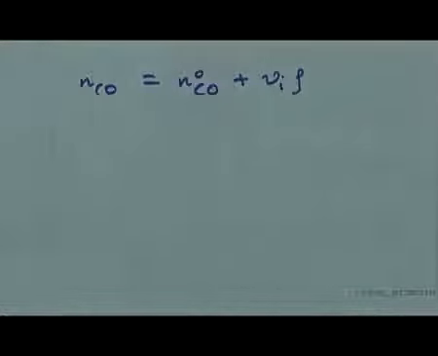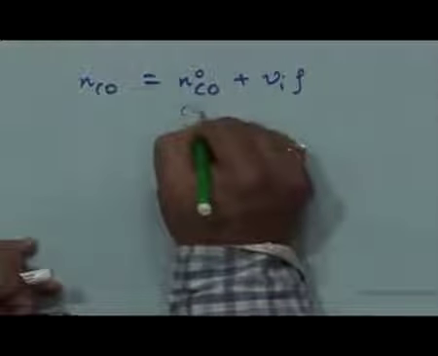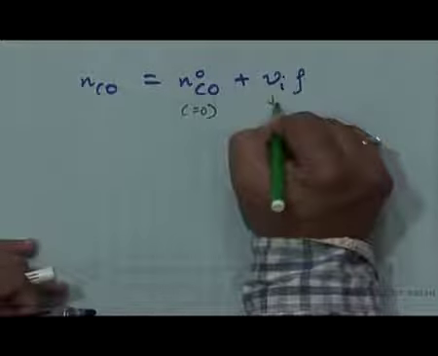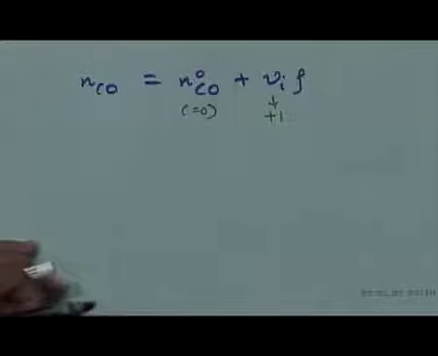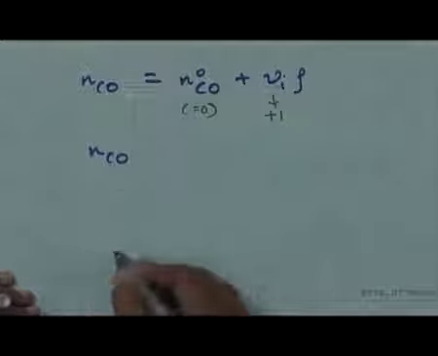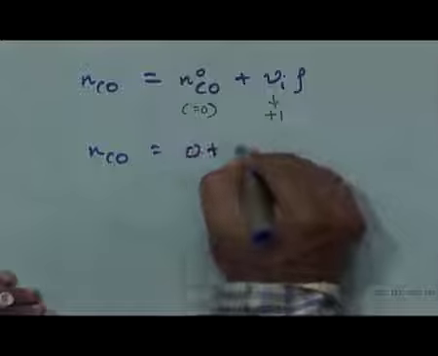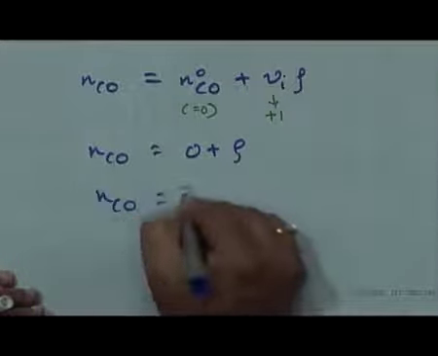Same as methane, N naught CO is equal to 0, and nu i is plus 1. Hence, I write N CO is equal to 0 plus xi, or N CO is equal to xi.